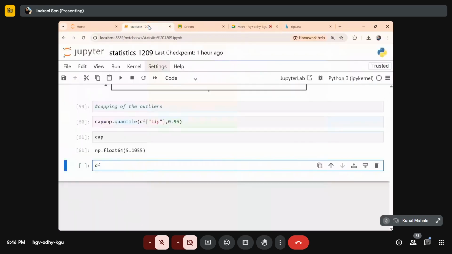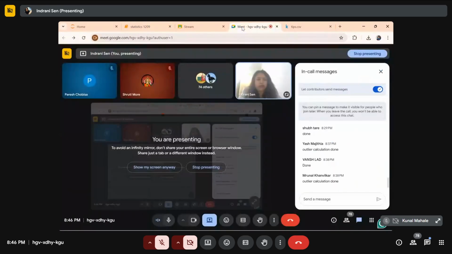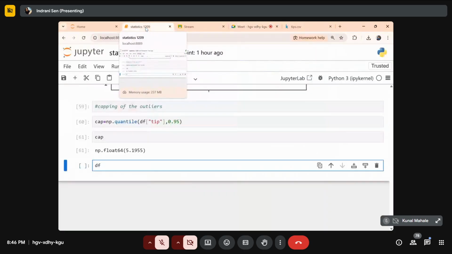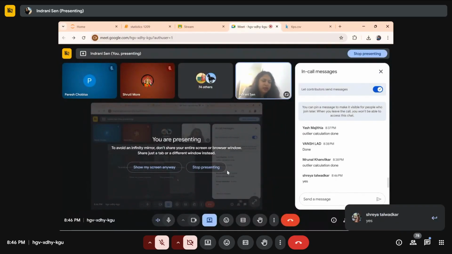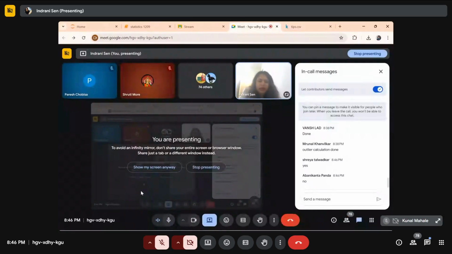So I'm just doing some code, not every code. Are you understanding this code? Only commands, okay, because this does not have any Python programming. Abanikanta, which one are you not understanding? Others?